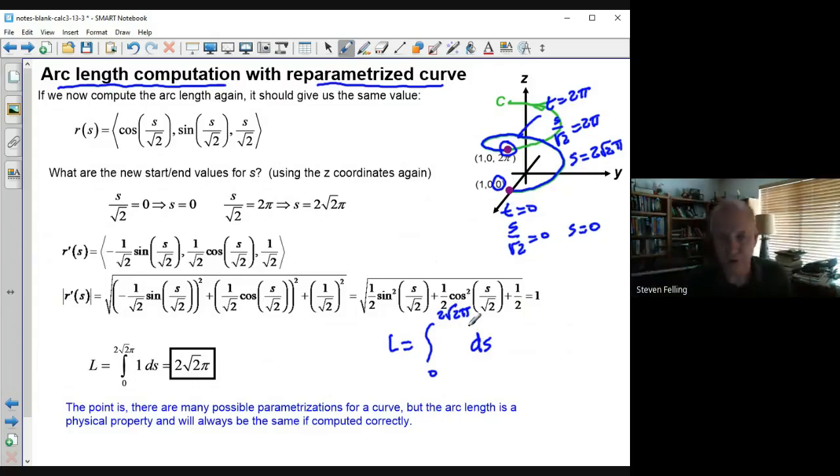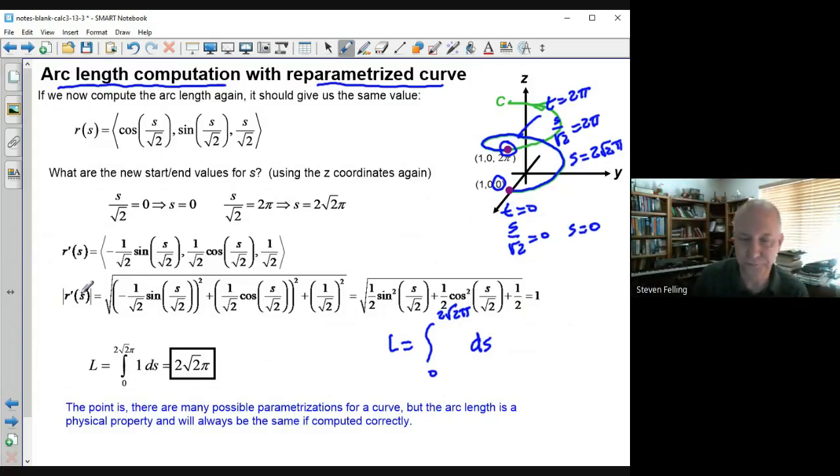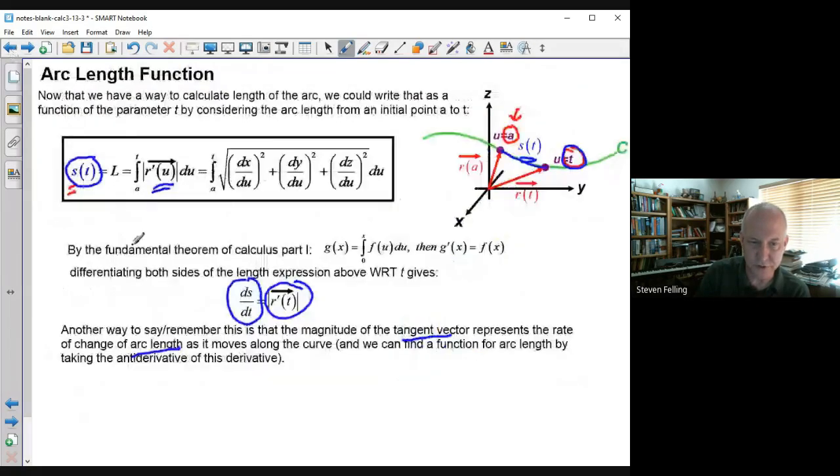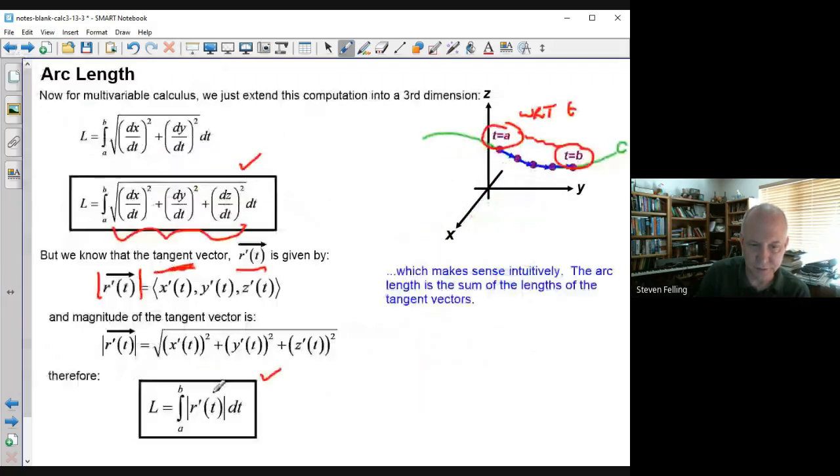And we have to use the magnitude expression for r as a function of s, right? But here's the beauty of this. If you carefully took r prime of t and substituted s over square root of 2 in there, and carefully went through all this, you're going to find out that it always equals 1, because we specifically parametrized it per unit length. So we don't have to use this expression.